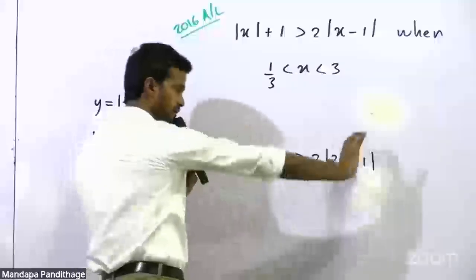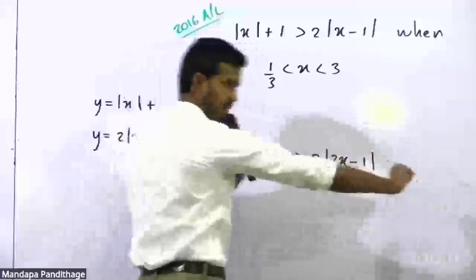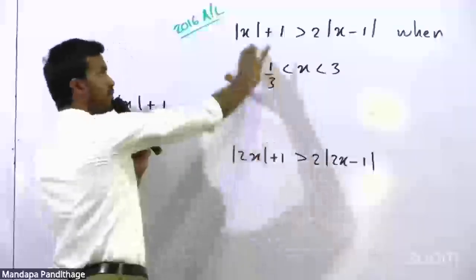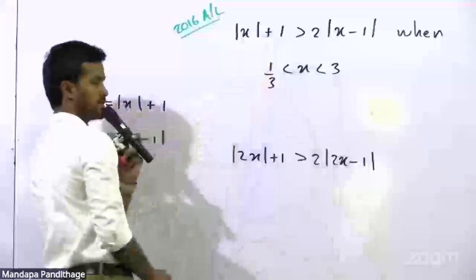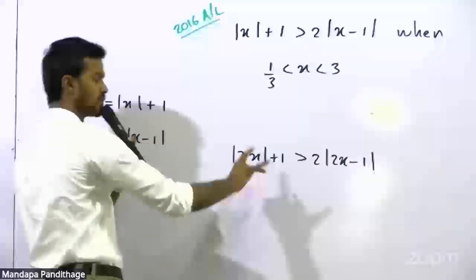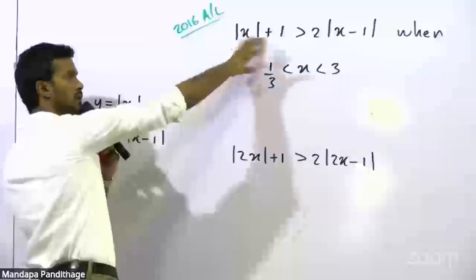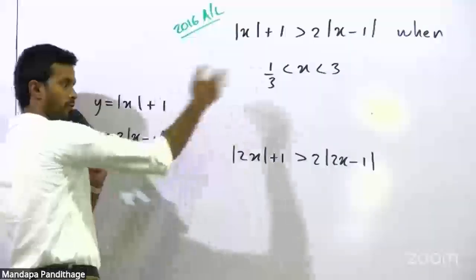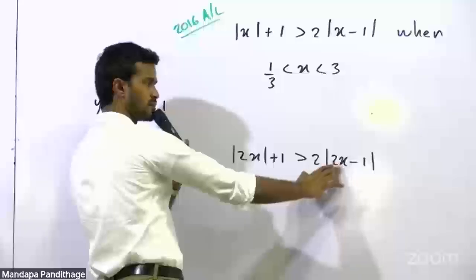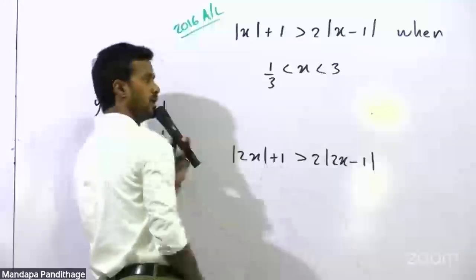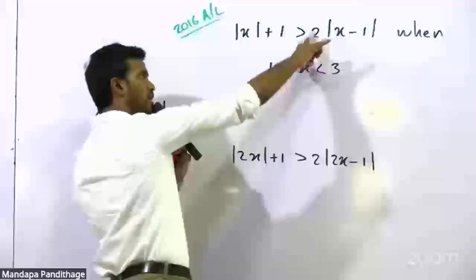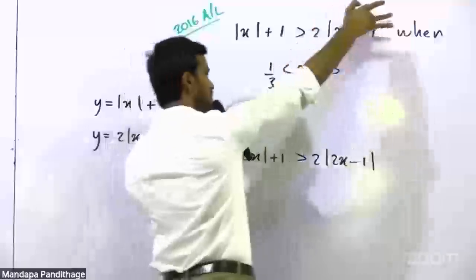I forget about this inequality. I just write it somewhere. And I'm going to solve this inequality. So what is this inequality? We don't know what is modulus 2x plus 1, but I know what is modulus x plus 1. We don't know the graph of 2 times modulus 2x minus 1, but I know the graph of 2 times modulus x minus 1.